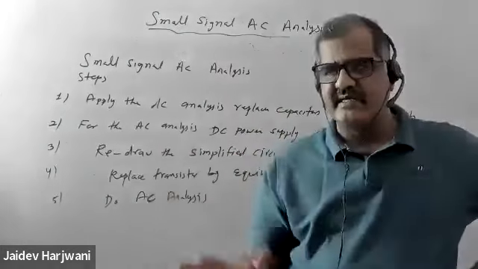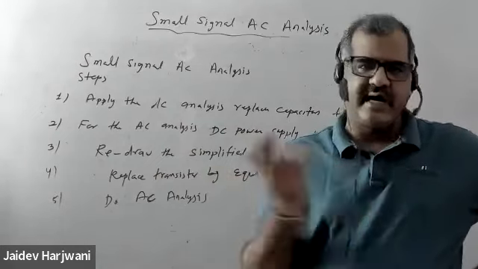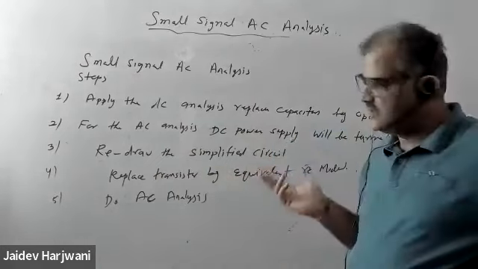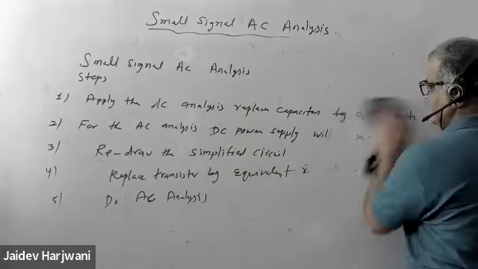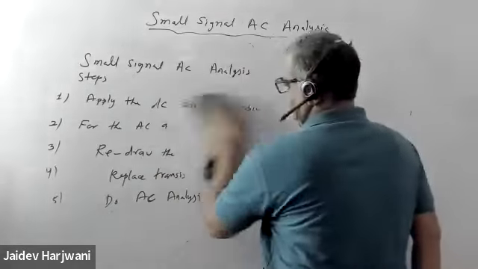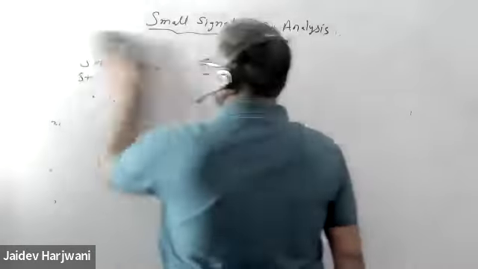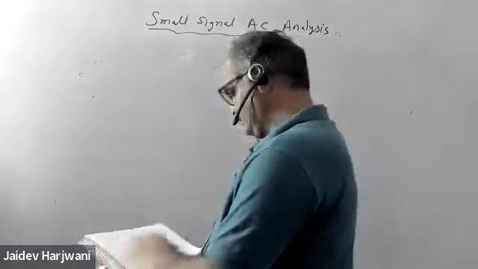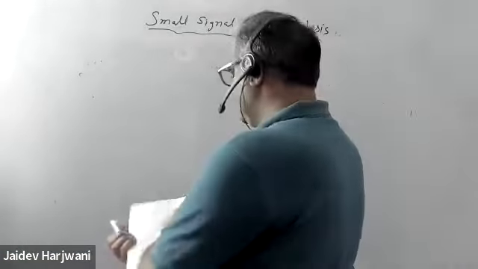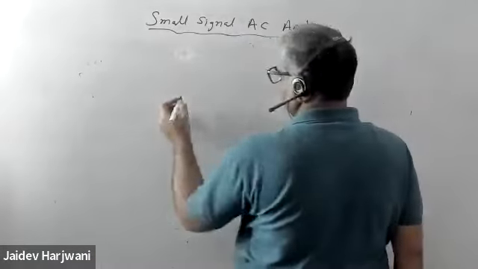You don't need the complete analysis, but you need to calculate IE. Once you know IE, you can calculate RE, and then you can come to the AC analysis. See, you have been given a circuit like this.